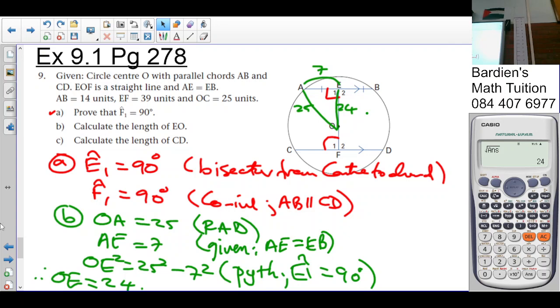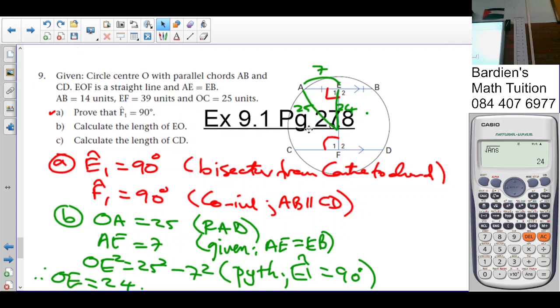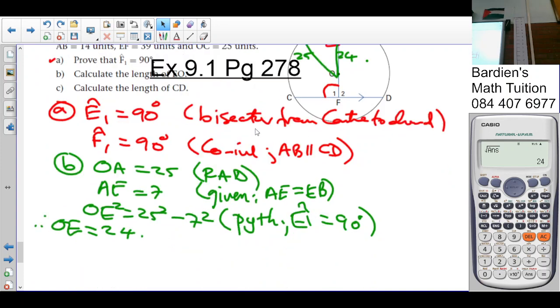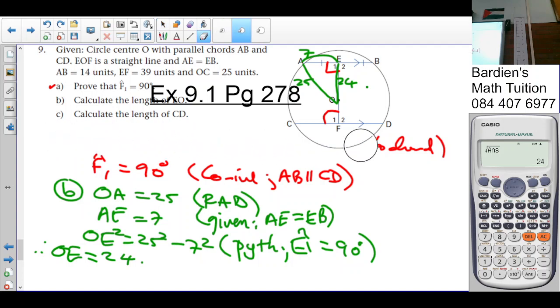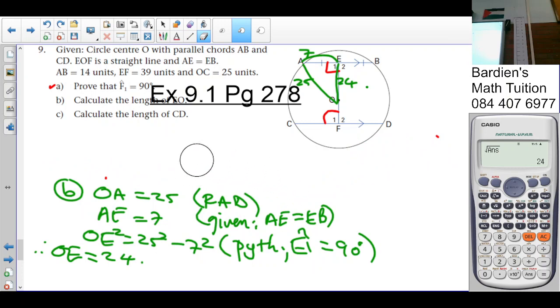So what I'm going to do is I'm going to just move this up a bit. So the next question, I think I must take this off. I'm going to take A off. Okay, so C says calculate CD.